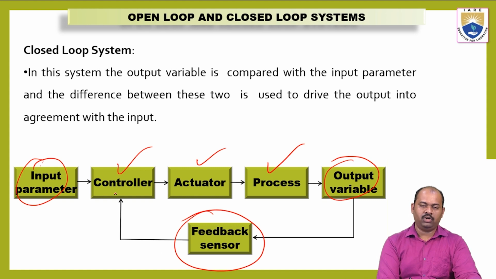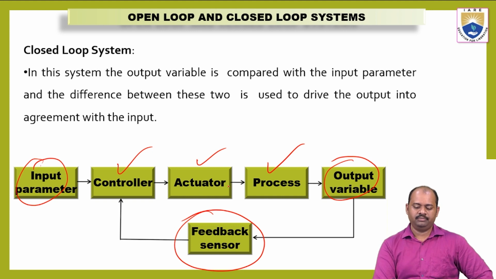Now in the controller, this information is analyzed, and the input parameters are also combined with the feedback information. The entire processing of the information, both from the feedback and input, is done by the controller, and this information is converted into a signal and sent to the actuator for doing the required process.